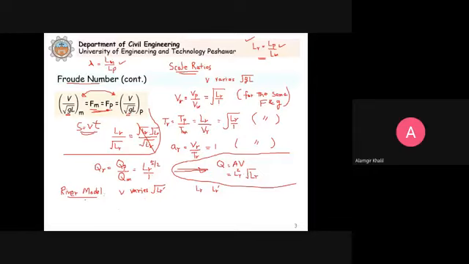Then if you want to calculate this QR, that will be equal to QP divided by QM. And because velocity goes as square root of LR prime, one LR is coming from the area and another LR prime into square root of LR prime. So this will be equal to LR prime 3 by 2.